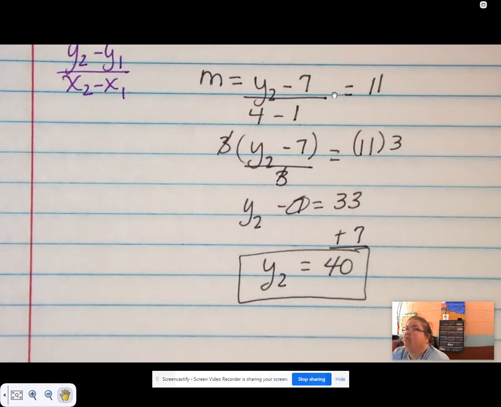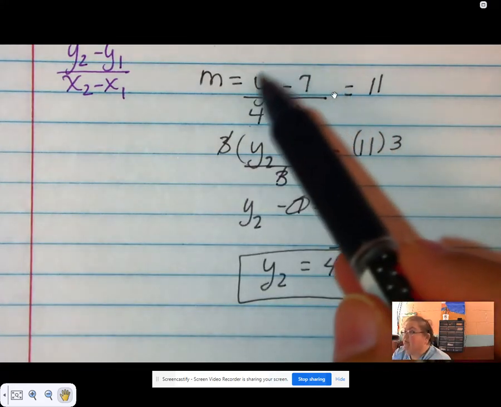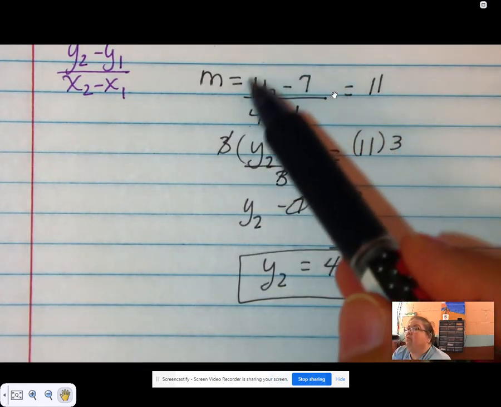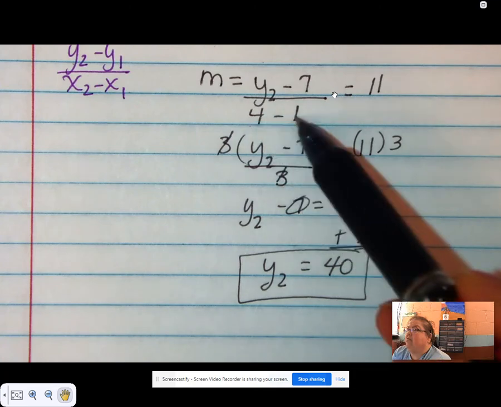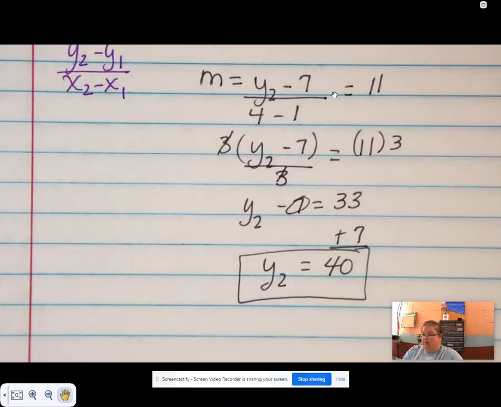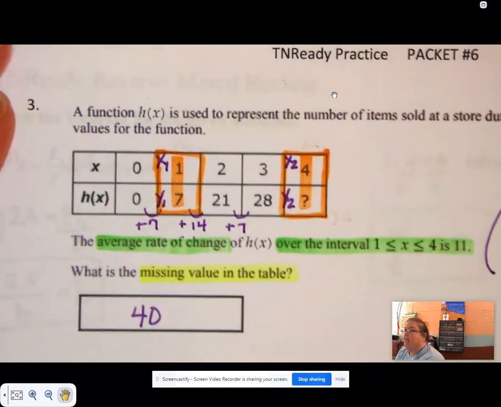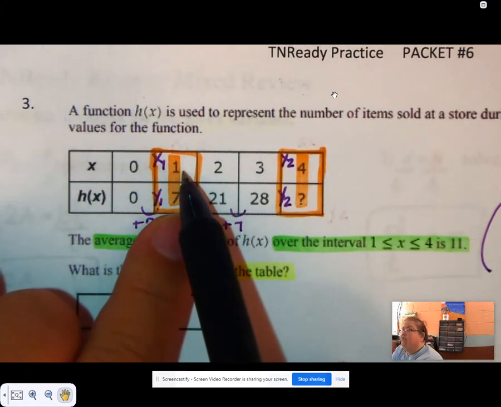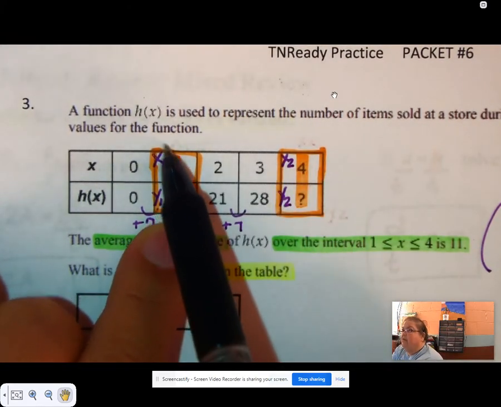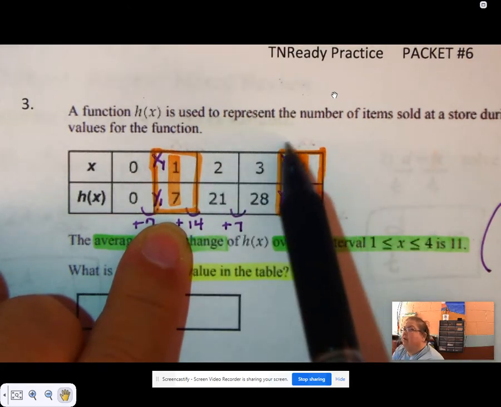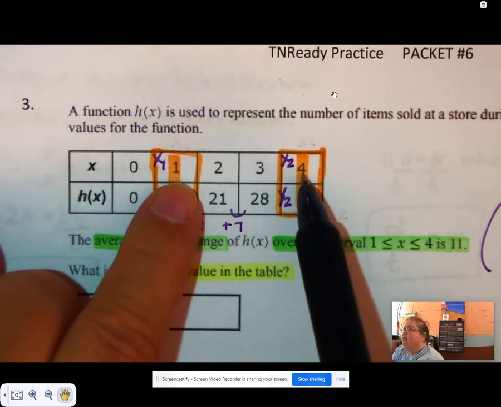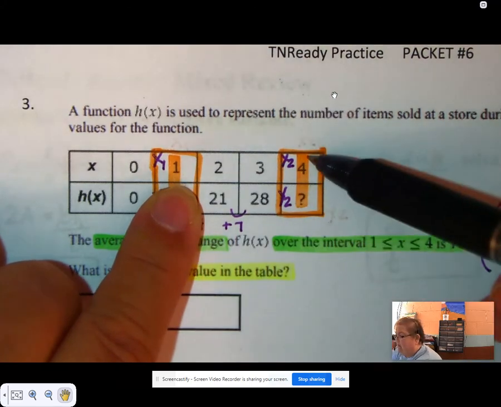Okay, now I'm going to show you a visual that's going to help you see where I got this. Okay, this is my interval. Here it is. This is my y sub 1, and this is my y sub 2. These are my intervals, right? So I got to match this up.